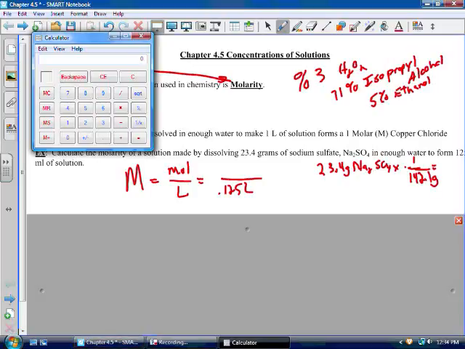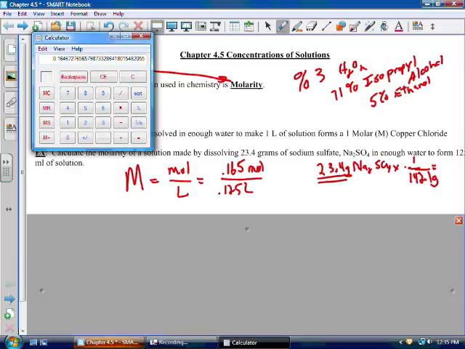So if I take 23.4 and divide that by 142.1, I get 0.16467 and so on moles. Because I'm given 3 sig figs here, I have to round to 3 significant figures, and I say I have 0.165 moles of sodium sulfate.